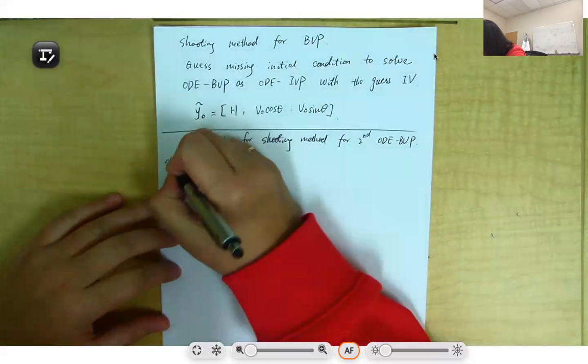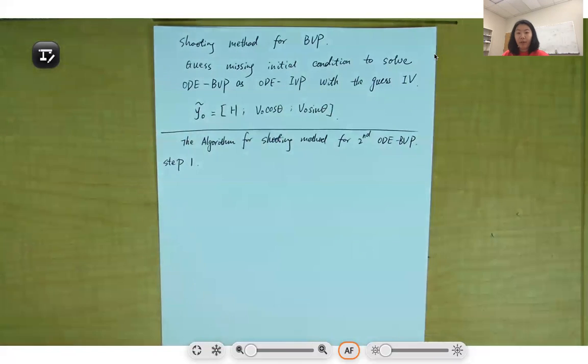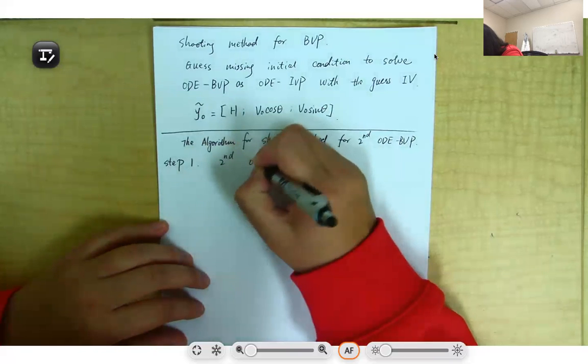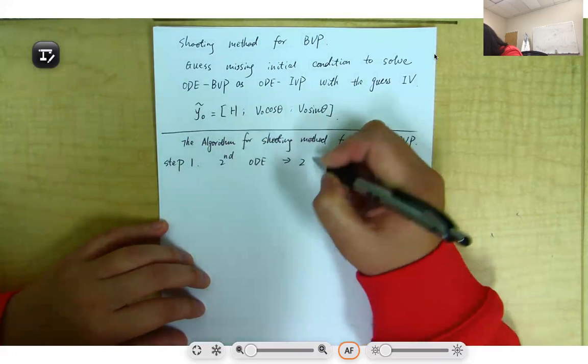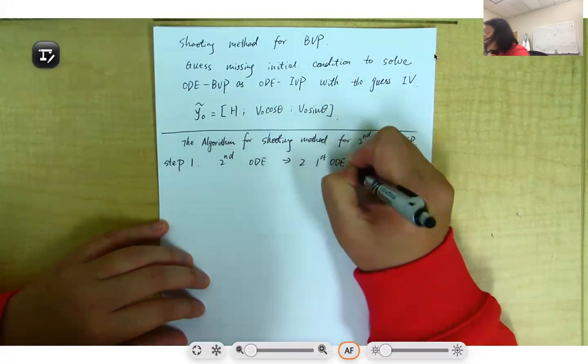Step one: as you have a second order BVP, you can translate that to two first order ODEs.